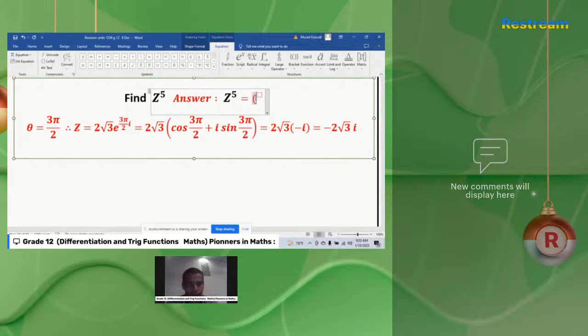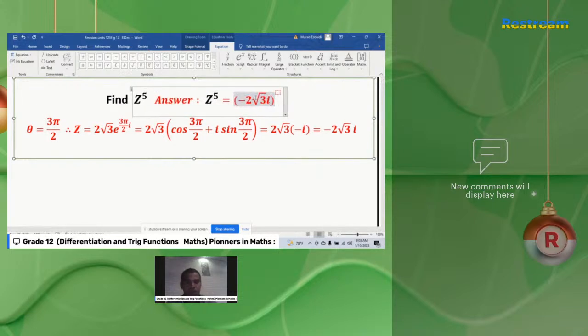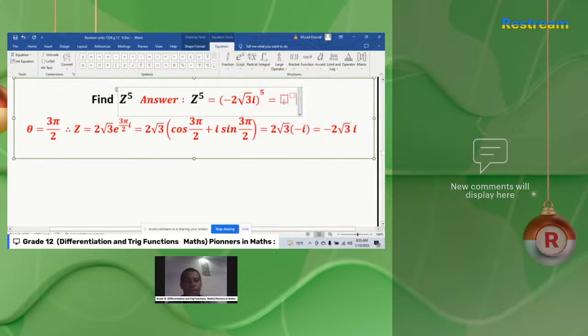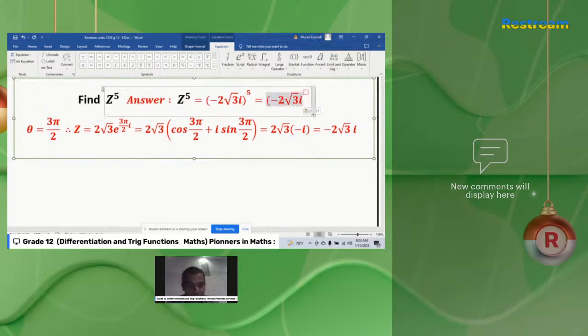I will make parentheses, this one, the parentheses to the power 5. So, means that you are going to raise this one to the power 5, multiply by I to the power 5. I'll just write this as equal. Between parentheses, of course, I'll make this one. I will just erase the I, close this to the power 5, multiply by another.